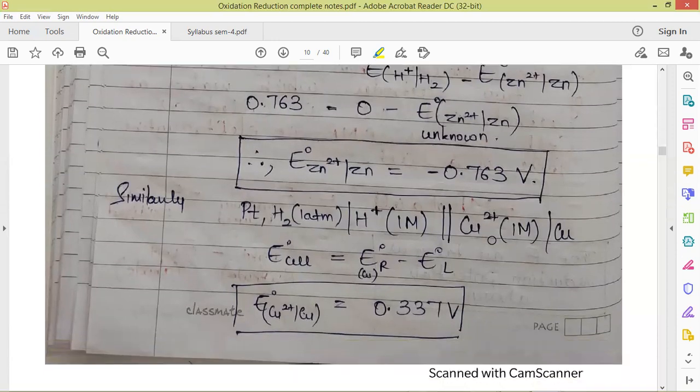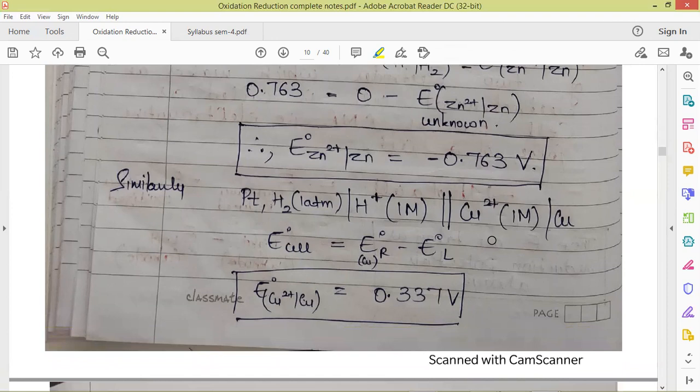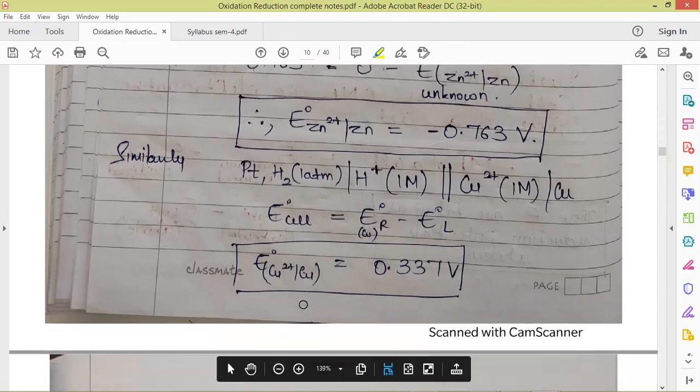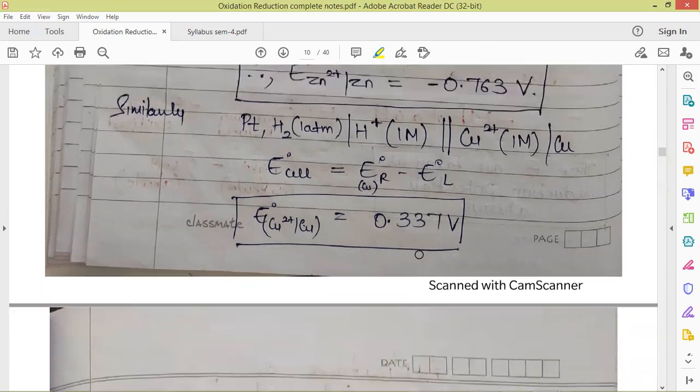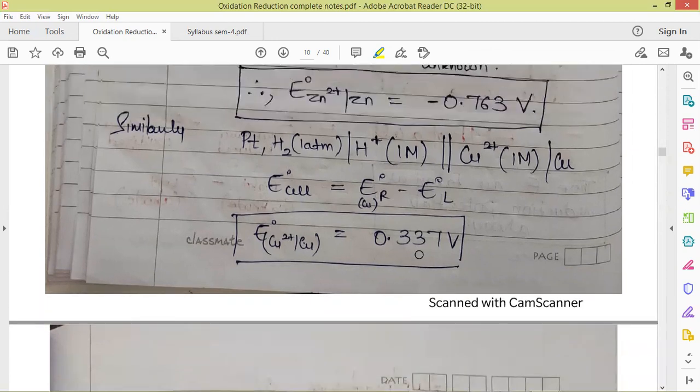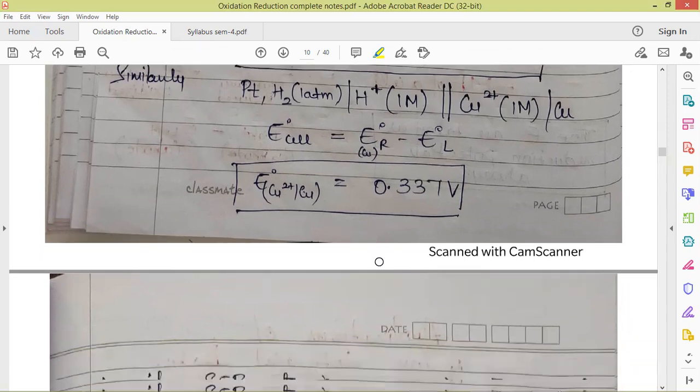The second case we have taken is copper. For copper, the standard electrode potential comes out to be 0.337. For zinc it is negative, and for copper it is positive. So the negative value of reduction potential means that it prefers oxidation, and copper prefers reduction.